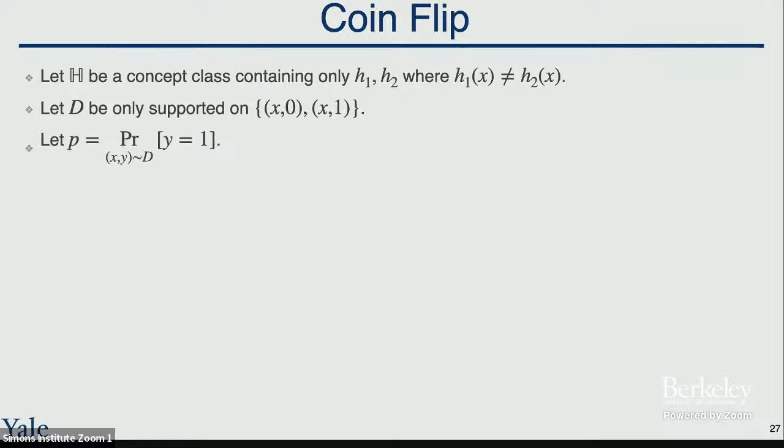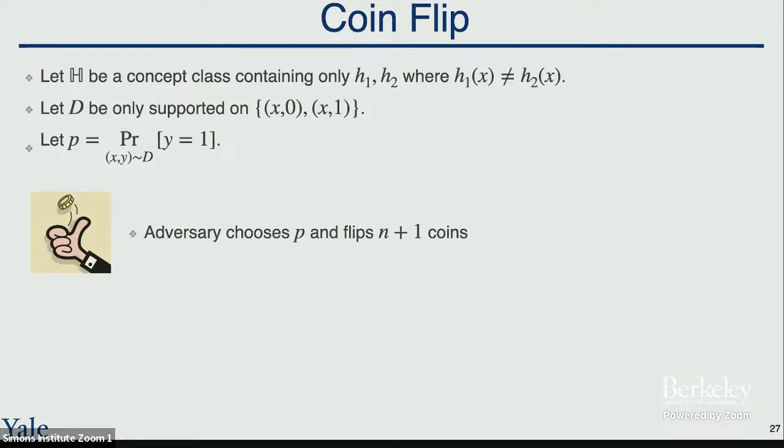I have 2 hypotheses that at this data point, one says this is 0, the other says it's 1. The whole thing is basically determined by the probability that Y is equal to 0. Let's call this P. The adversary chooses P and flips n plus 1 coins.